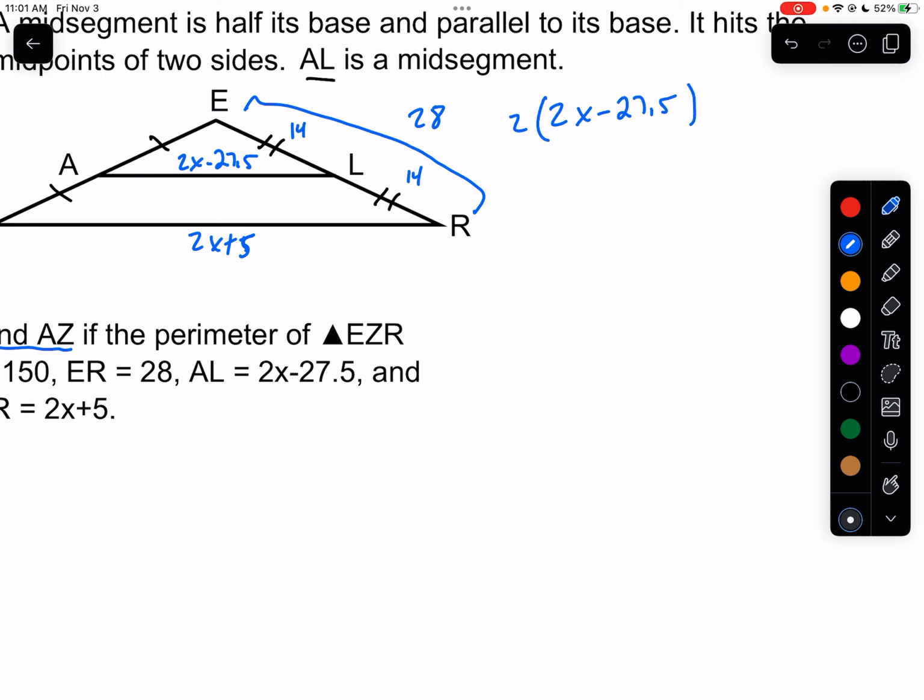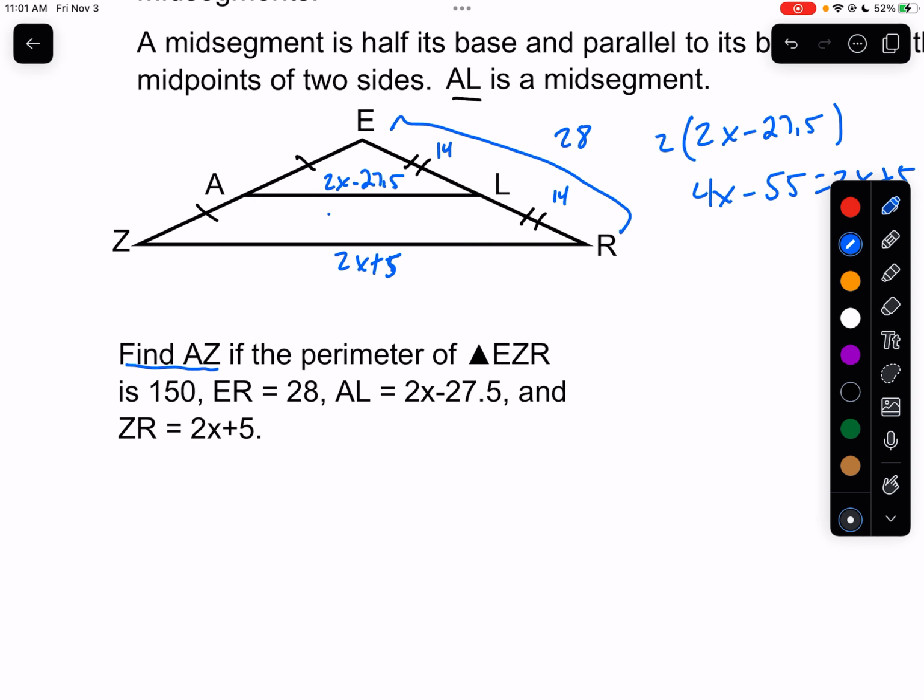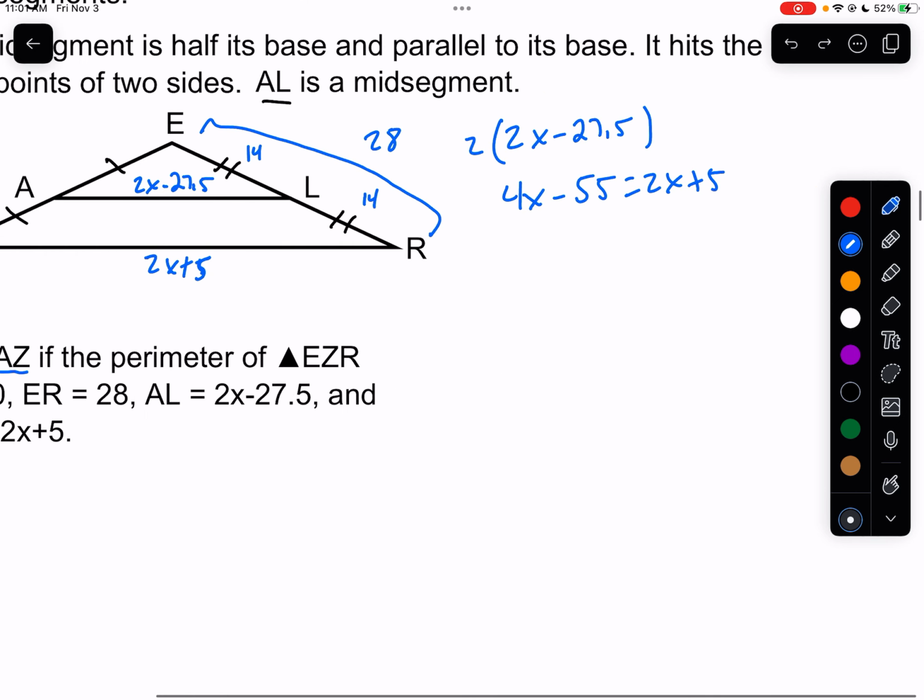So we need to double that and get 4x minus 55, and that would equal the base, 2x plus 5. So mid-segment properties, it takes two of those to equal one of those, basically. It is exactly half its base. So we solve that, we get 2x equals 60, so x equals 30.